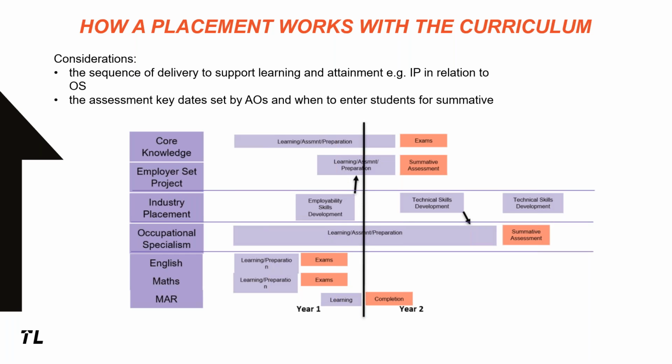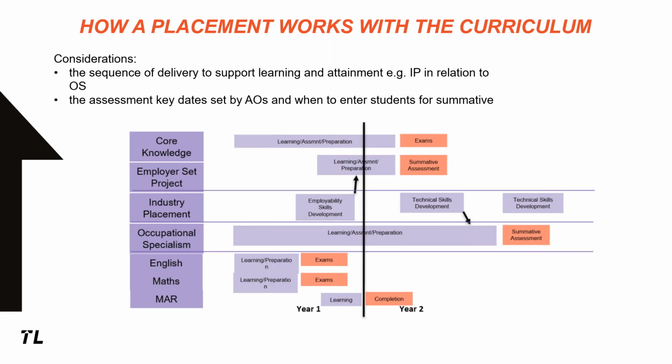So here in this example, the way that the curriculum has been planned is that the core element of the TQ, so the core knowledge and the employer set project, are run over the period of the first year and into the first assessment series of the second year.